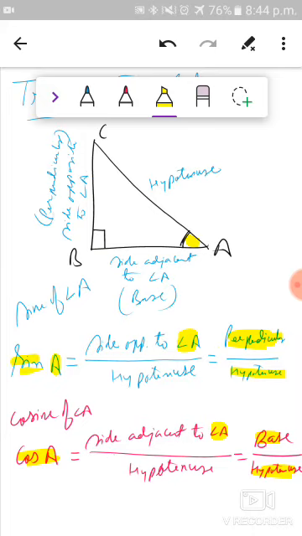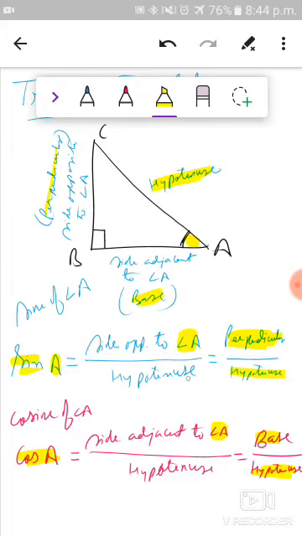Third one. From these three sides, first I have taken perpendicular by hypotenuse, then base by hypotenuse.